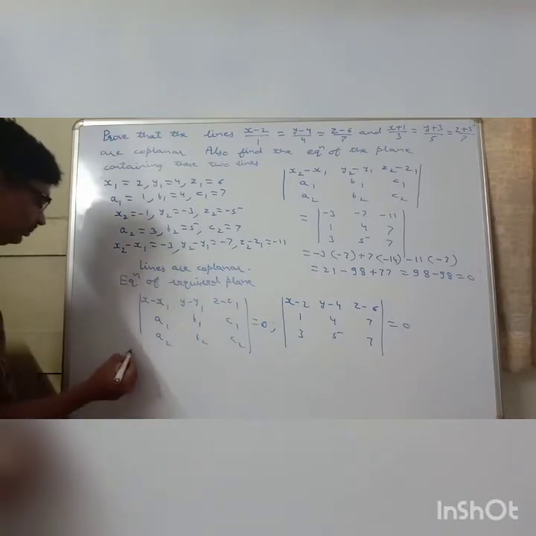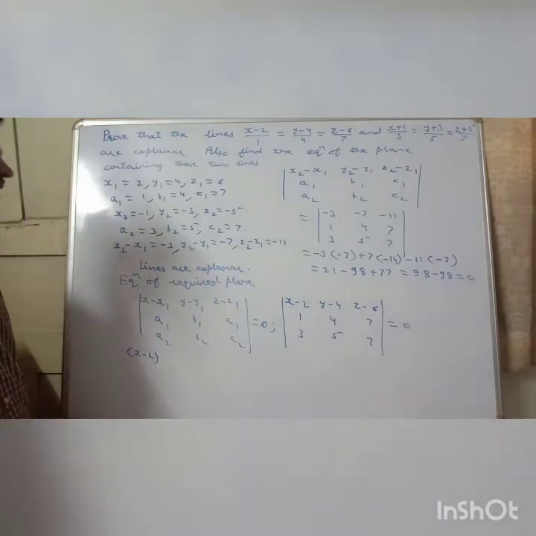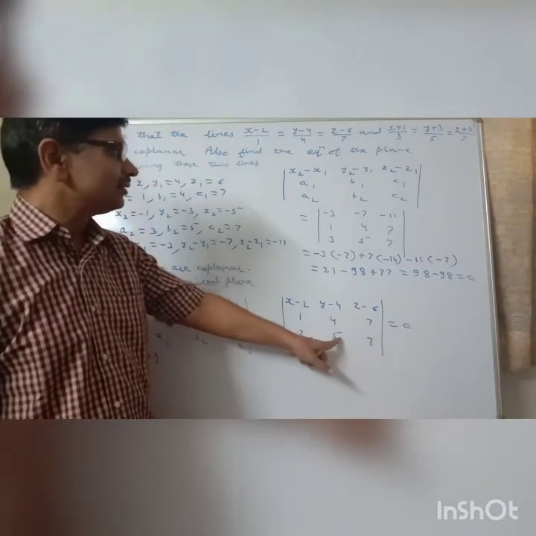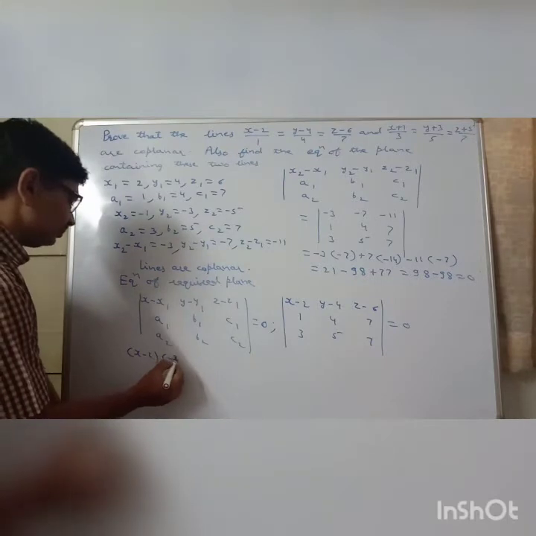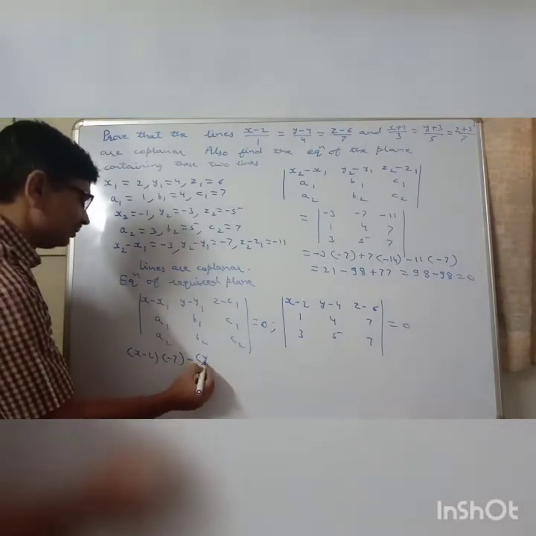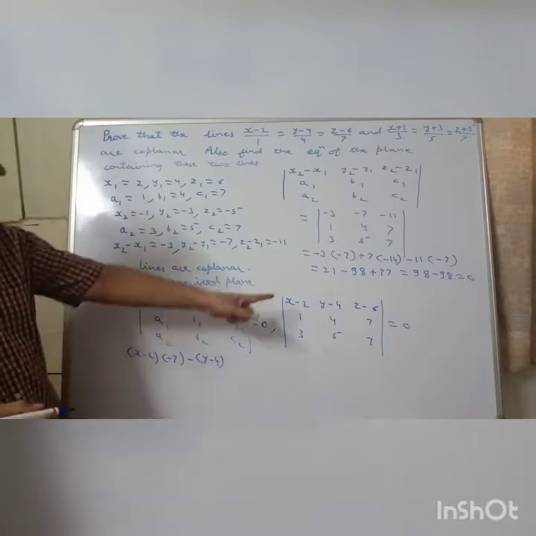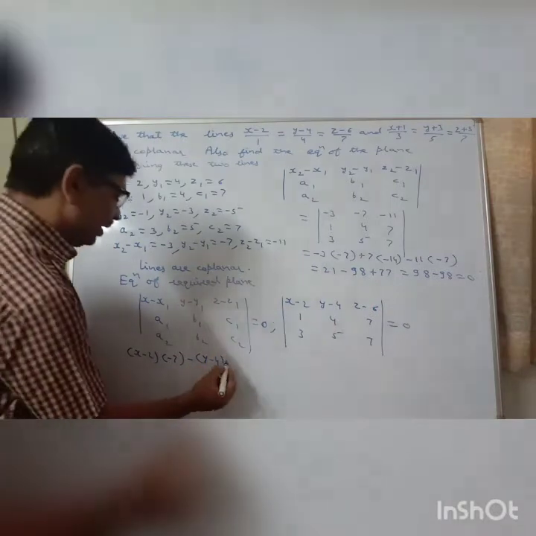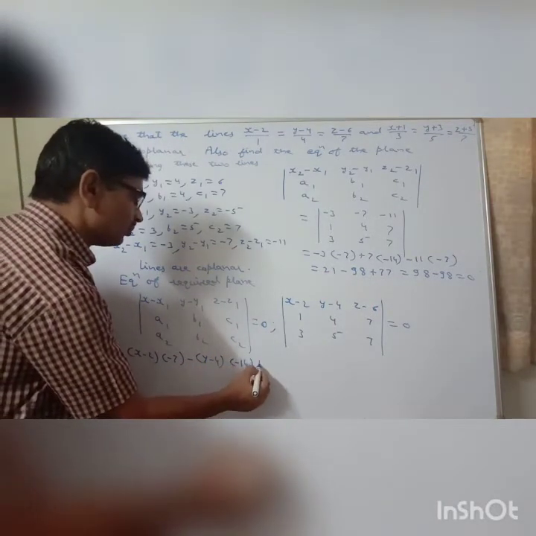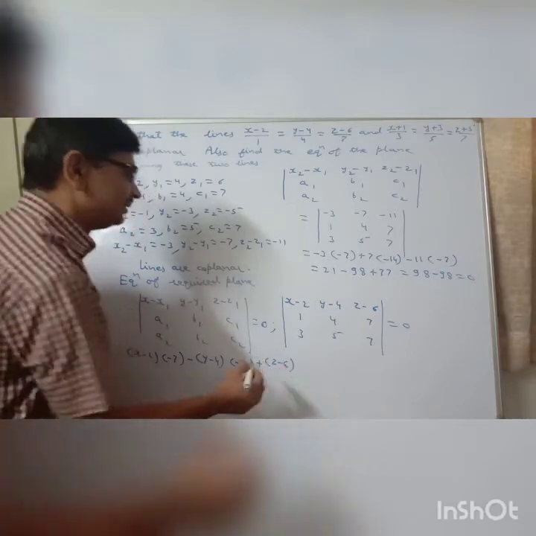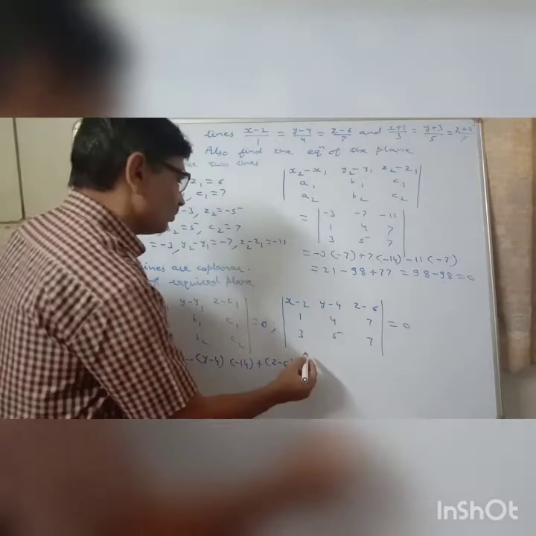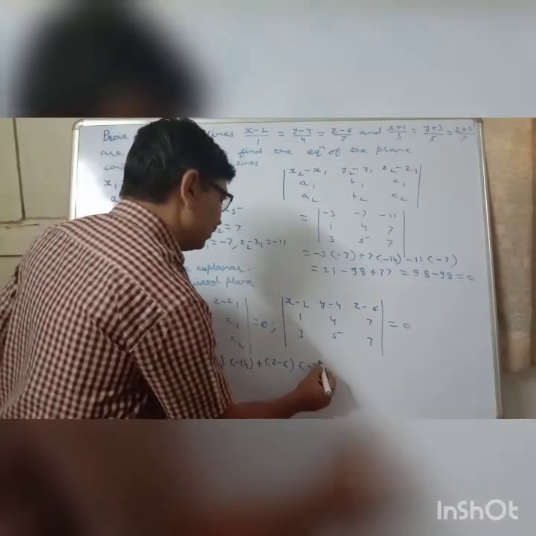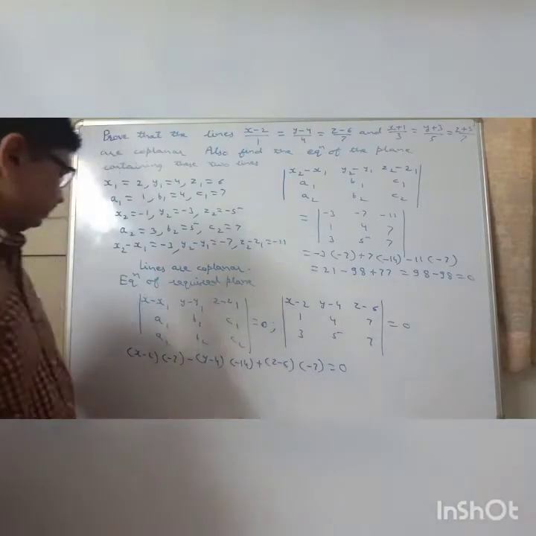Evaluate the determinant. x minus 2 into 28 minus 35, minus 7. Minus, in bracket y minus 4, second element of the first row with opposite sign, 7 minus 21, minus 14. Plus z minus 6 into bracket 5 minus 12, minus 7, equal to 0.